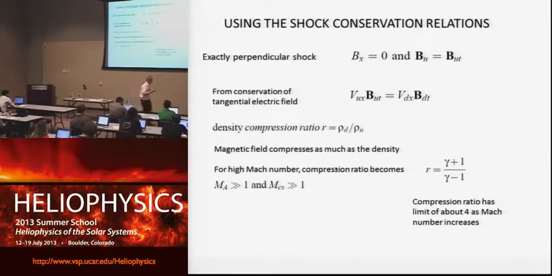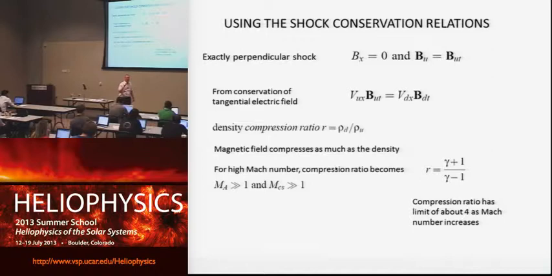Finally, and this is one of the things that you can look at in the exercise sheet, the compression ratio for high Mach number actually tends to a limit, which is just this fraction here, gamma plus 1 divided by gamma minus 1, and if you put gamma equals 5/3, that's just a compression ratio of 4.